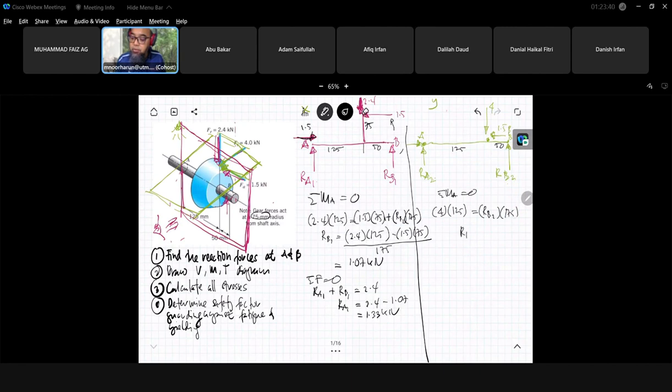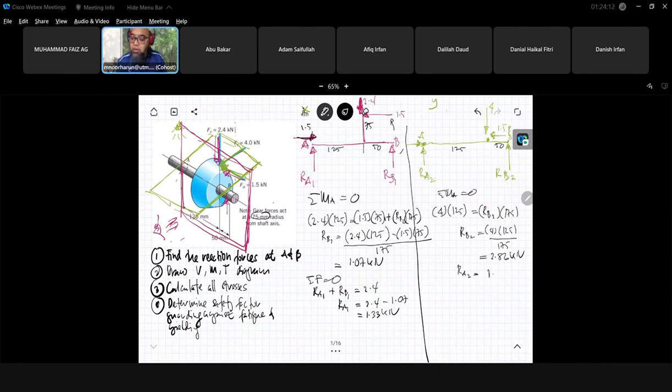So RB2 is equal to 4 times 125 divided by 175, equal to 2.86 kilonewton. Then RA2 equal to 4 minus 2.86.